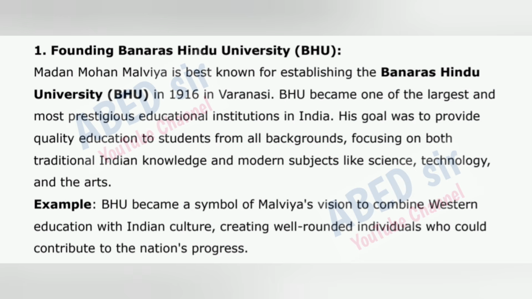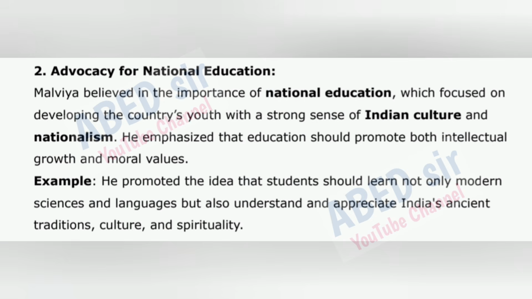Example: BHU became a symbol of Malviya's vision to combine Western education with Indian culture, creating well-rounded individuals who could contribute to the nation's progress. 2. Advocacy for national education. Malviya believed in the importance of national education, which focused on developing the country's youth with a strong sense of Indian culture and nationalism.